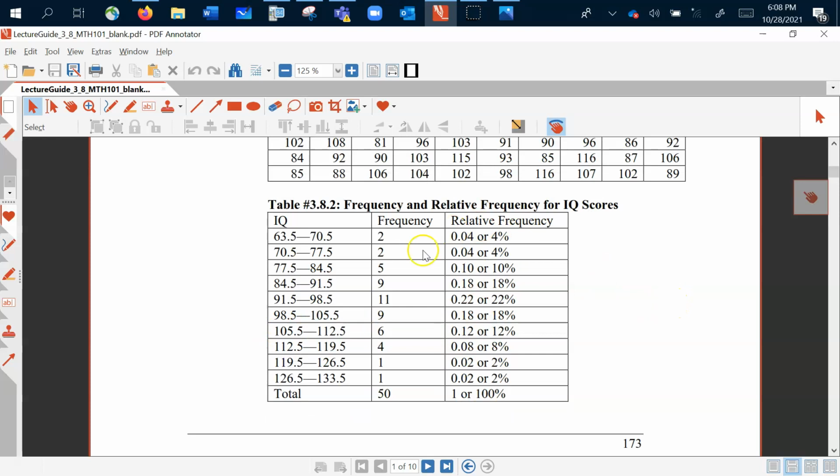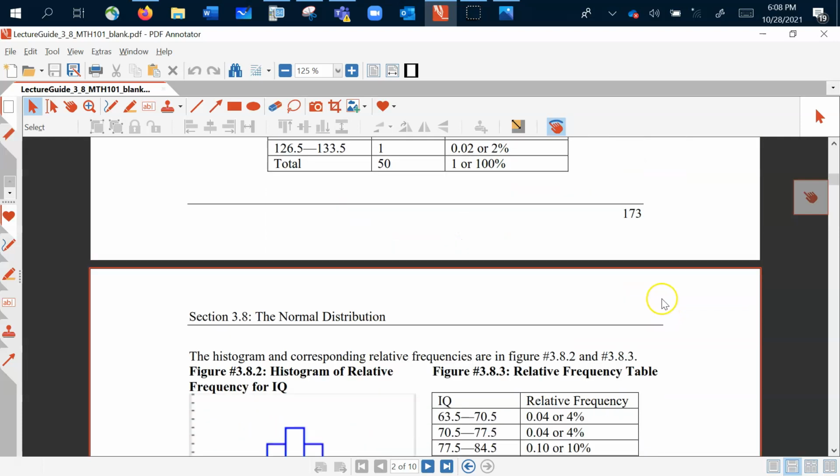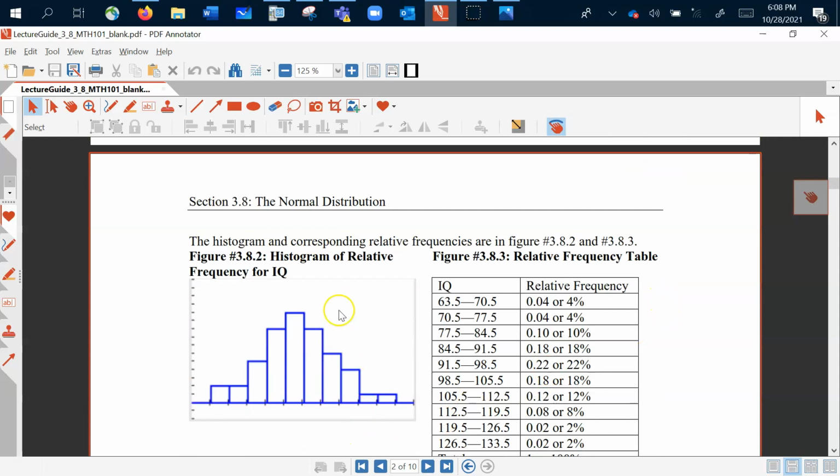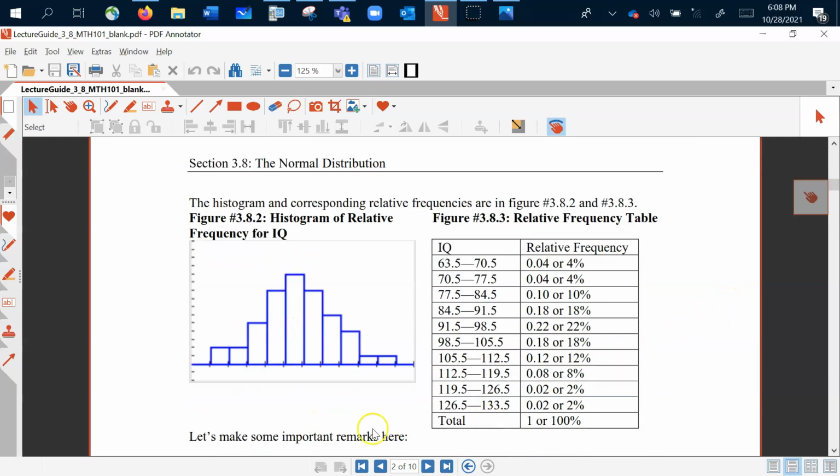So now if we take this relative frequency table and we make a histogram of this particular table of data, we'll get something that looks like this. So here, a histogram. And notice here the most frequently occurring class, which is 91.5 to 98.5 IQ, has the tallest bar in the histogram.